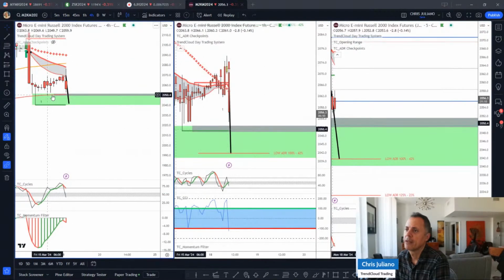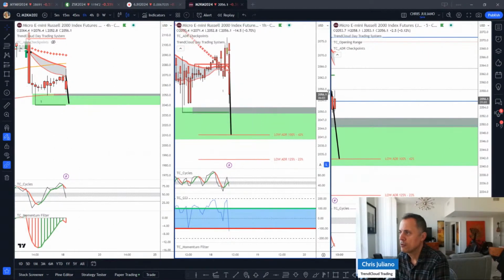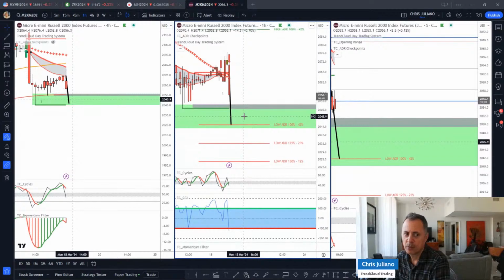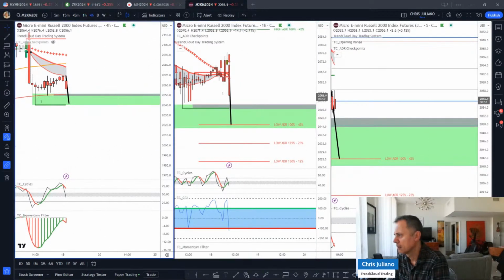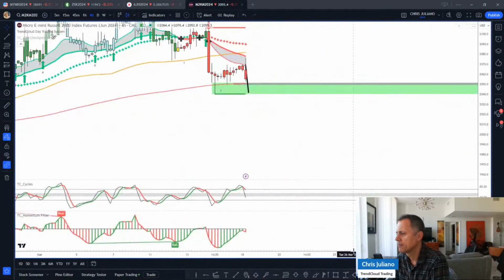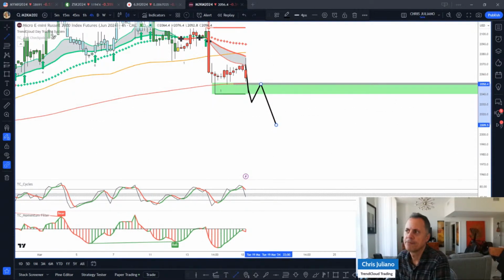Right here. There's the 200 simple on the 4-hour chart. Right here. With all of this trend and momentum and force to the downside, isn't it possible that we have something like this, right? We break below the 200, comes up, previous support becomes resistance, and the move down.